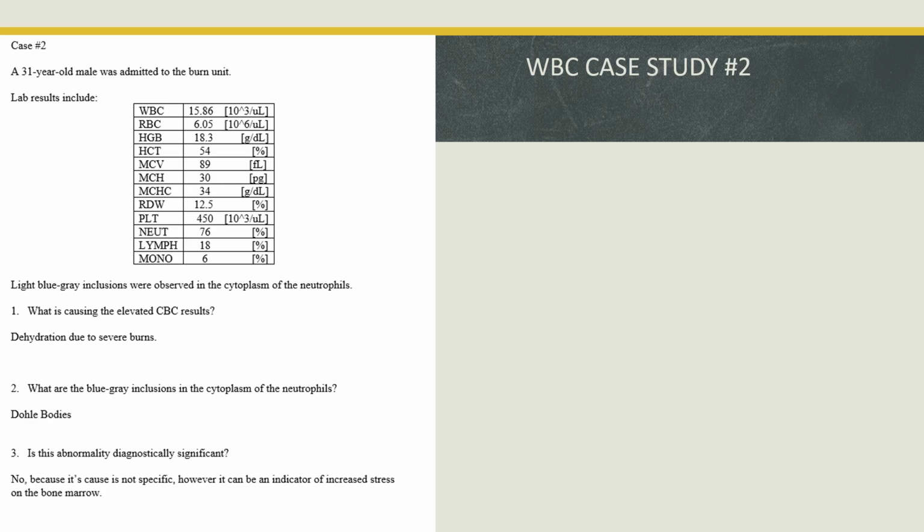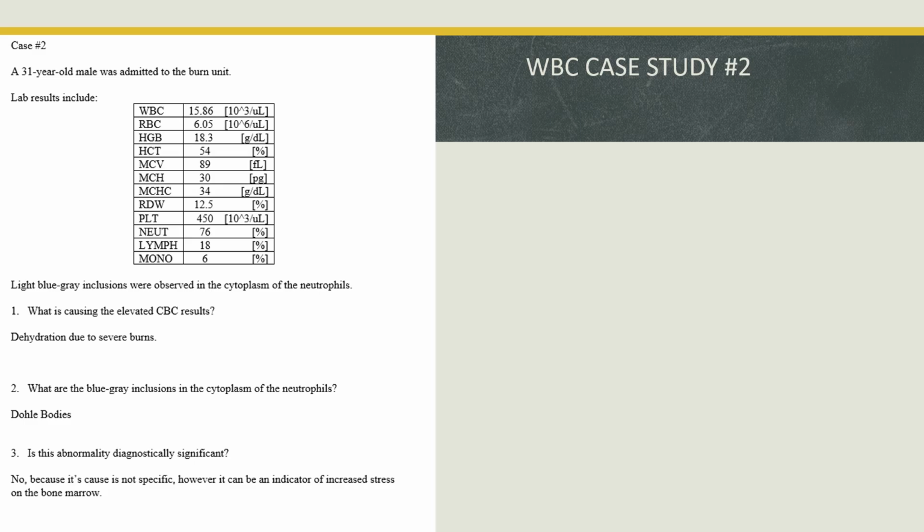So this patient has a trauma response and his body is probably trying very hard to prevent any infection because, again, he's lost the integrity of that skin barrier, which also helps protect against bacterial infections. So Dohle bodies would be the most likely answer for number 2.